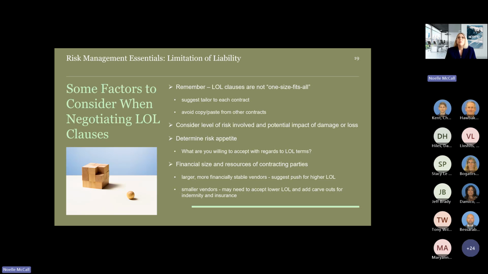So, for example, when you're contracting with a larger, more financially stable vendor, I would suggest pushing for higher limitation of liability cap or limit, or none at all. That would be best. For smaller vendors, you may need to accept an LOL cap. Make sure you add carve-outs for insurance and indemnity so that their insurance can still apply to the full extent.